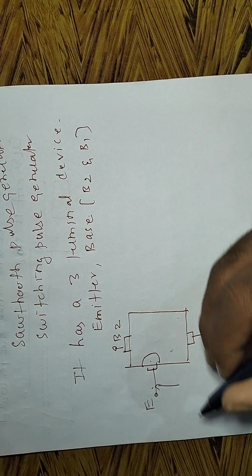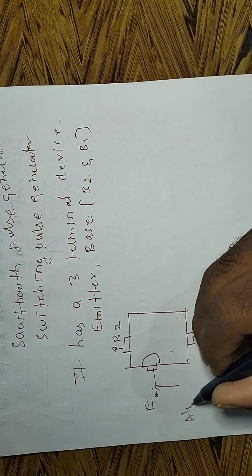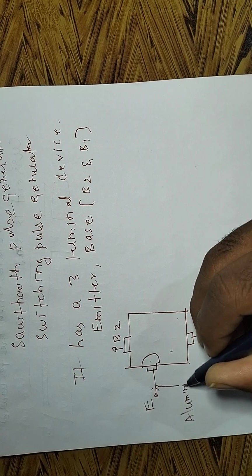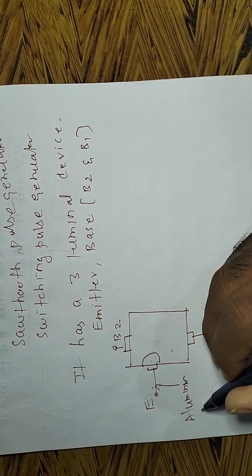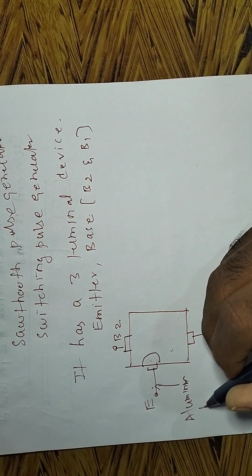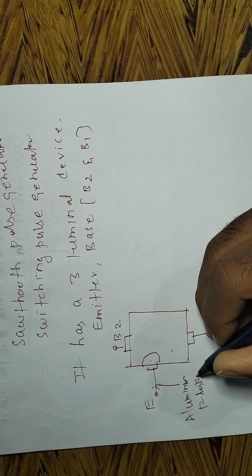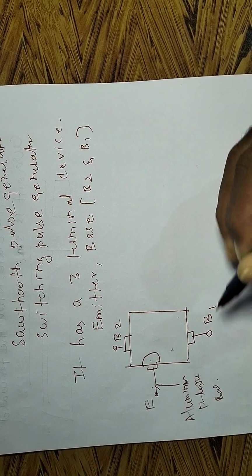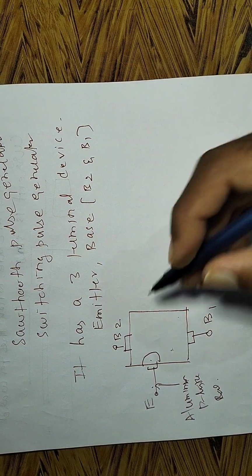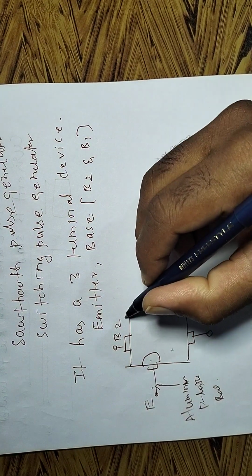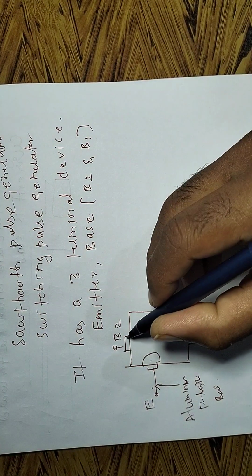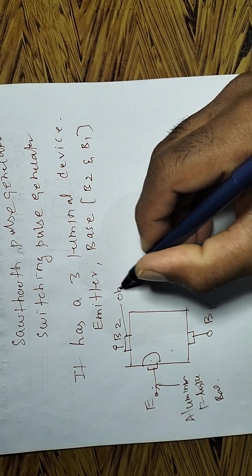This is aluminum, a p-type bar, and these two ohmic contacts are on the silicon bar.